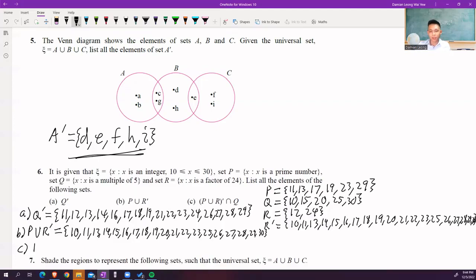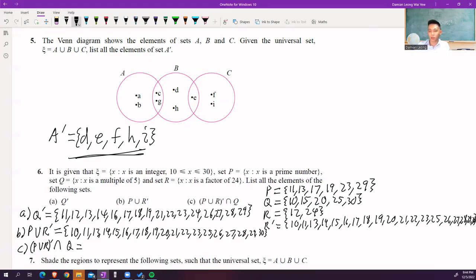And part C, bracket P union R complement intersect Q. So this bracket P union R complement is different from P union R complement here.